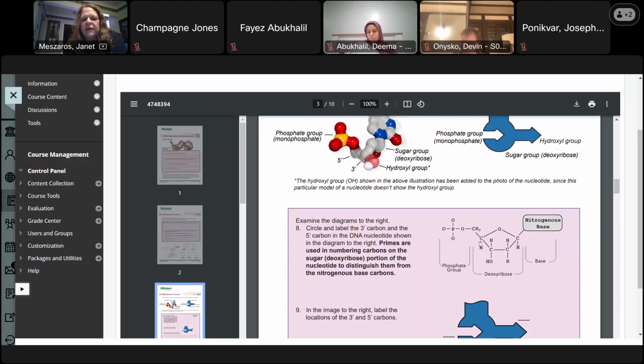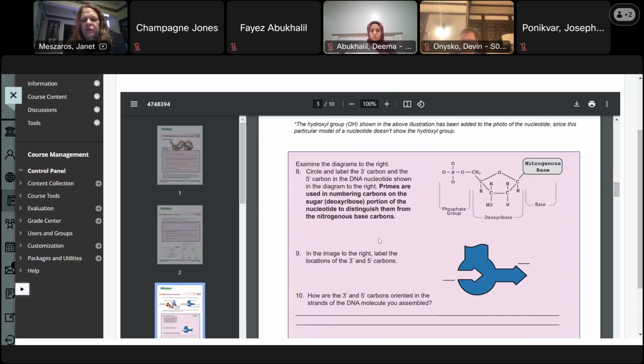You should be doing this on your handout. Okay. And they say primes are used in numbering carbons on the sugar. I already told you, deoxyribose portion of the nucleotide, to distinguish them from the nitrogenous base carbons. I told you we only designated the carbons with primes for the sugar part. All right. So let's go down here.